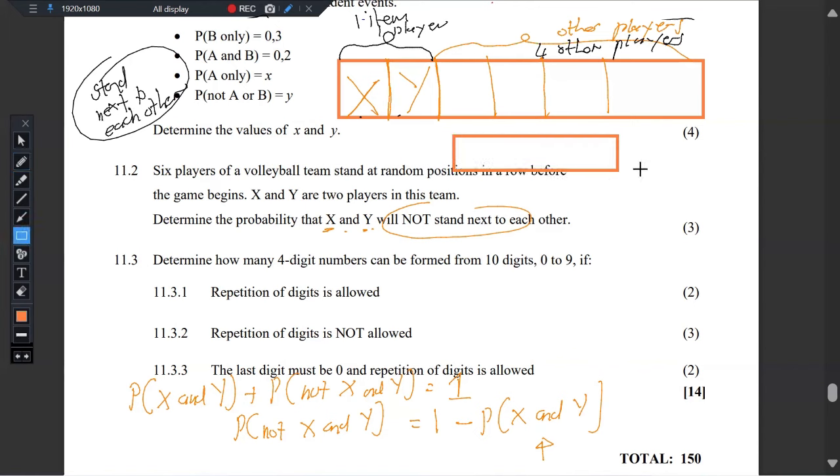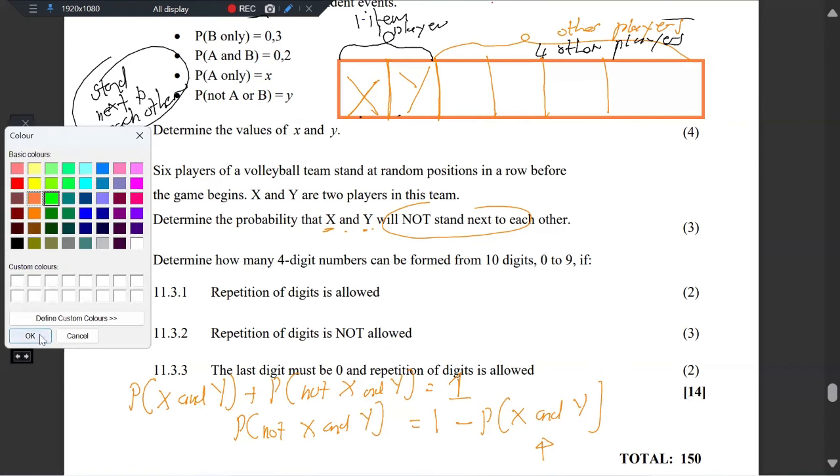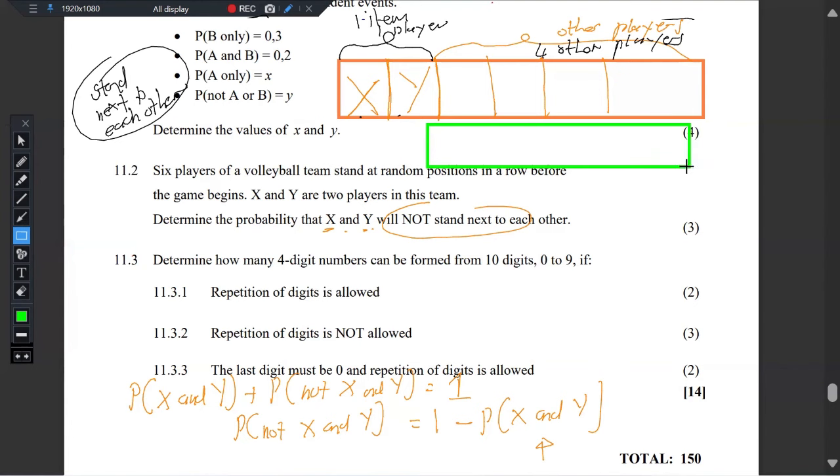So I will indicate this with a different color. If that is the case, this is now what I have. So 5 players: 1, 2, 3, and then 4, 5. Right. Okay, so if I'm taking this one as 1 item, I do understand that it will be player X and player Y, right?